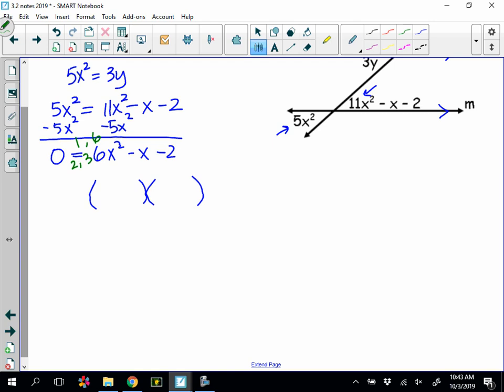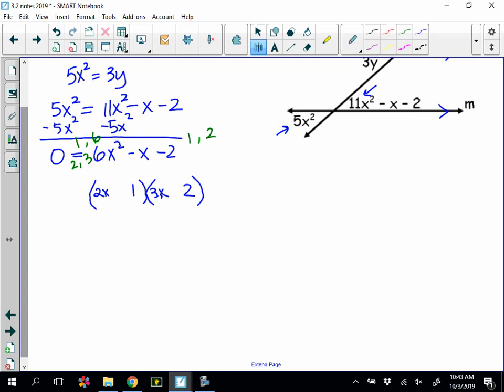Now I'm going to do everything in light of positive numbers, and then I'll fit my negatives in as I work. To get a 2, there's only one way, and that's 1 times 2. So I'm going to start with maybe it's 2x times 3x, because that would give me 6x squared. I'm going to leave a blank in the middle, and then maybe it's going to be 1 and 2.